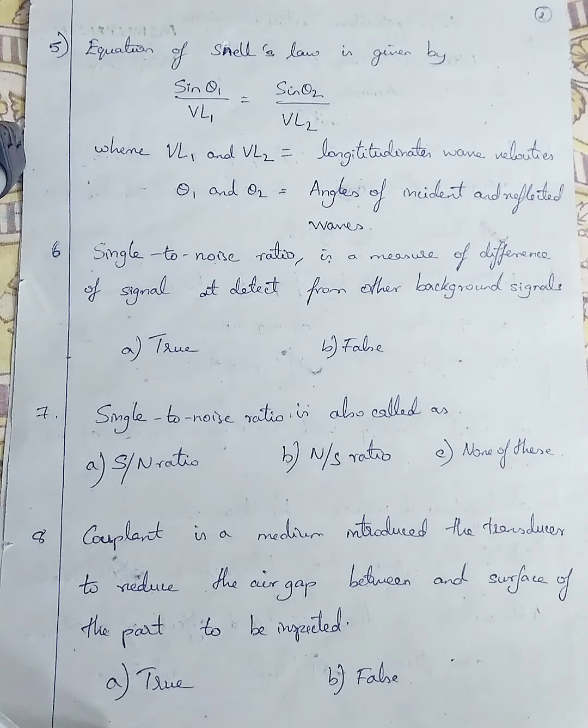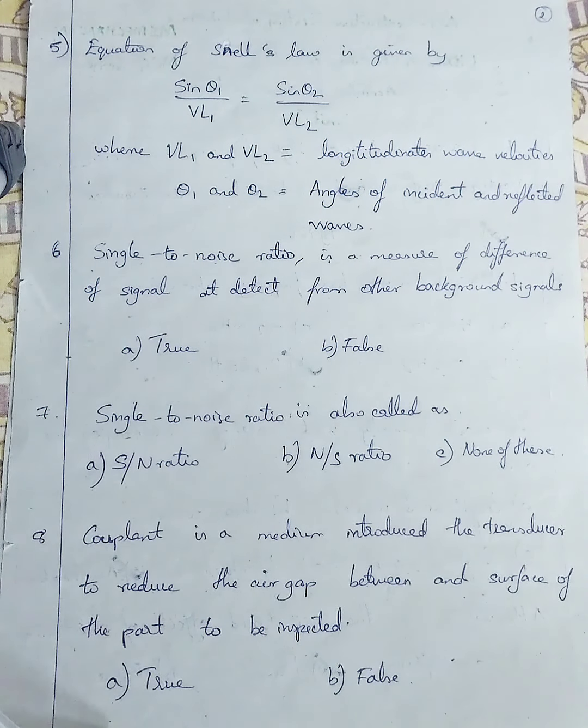Question number 5. There is an equation called Snell's law. It is a very important law in ultrasonic testing. So I have written the formula directly. Just keep this formula in your mind. This formula is given by sin theta by VL is equal to constant. But generally we will be using two materials, so two waves: one is the incident wave and another one is the reflected wave.